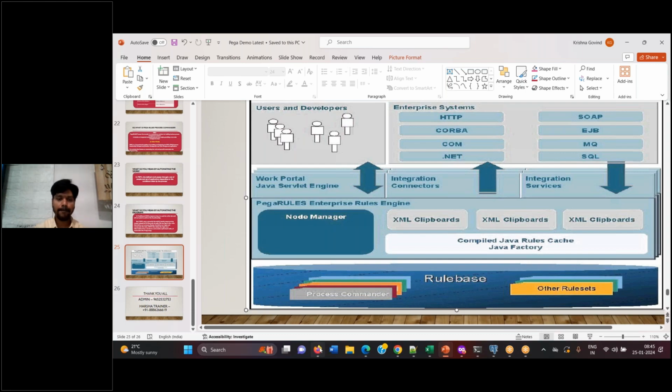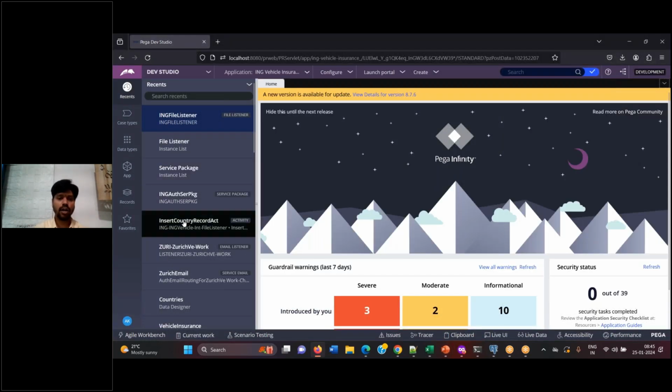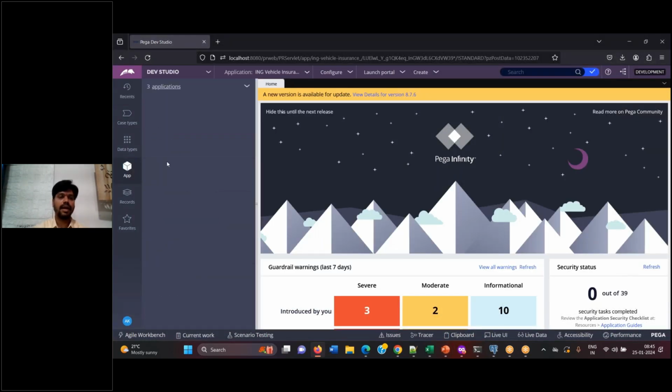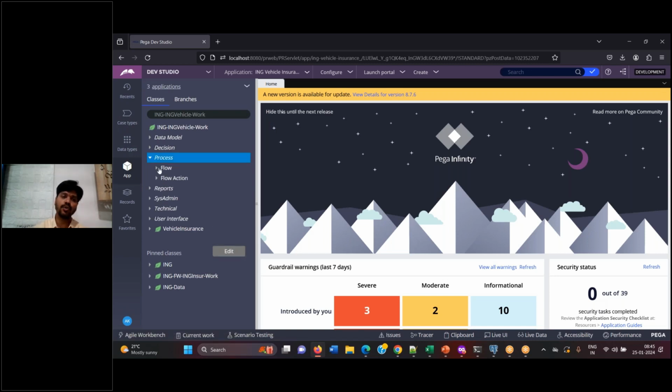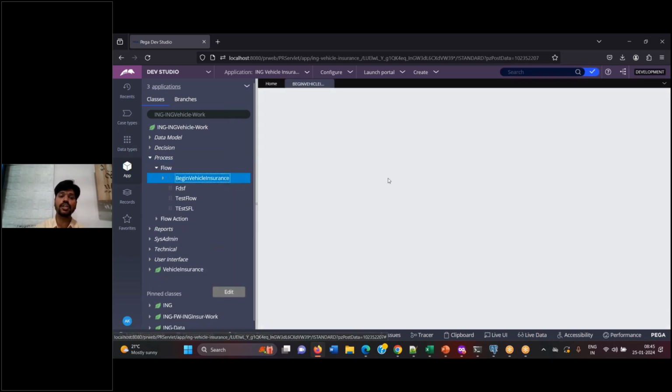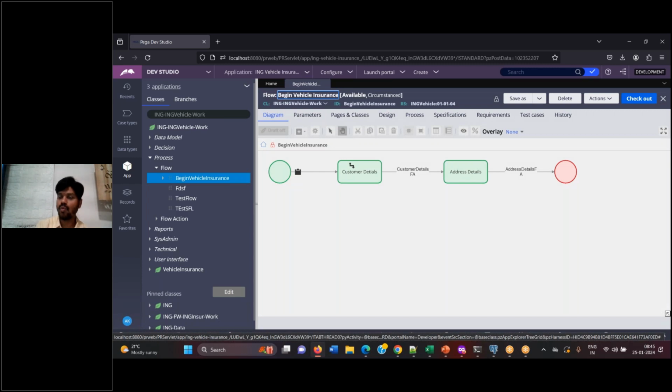See, in the PEGA rules process commander environment, whatever you create, whatever input you give to the system, whatever output you get out of the system, everything internally will be converted into XML format. XML is a free form, strong, secure markup language.